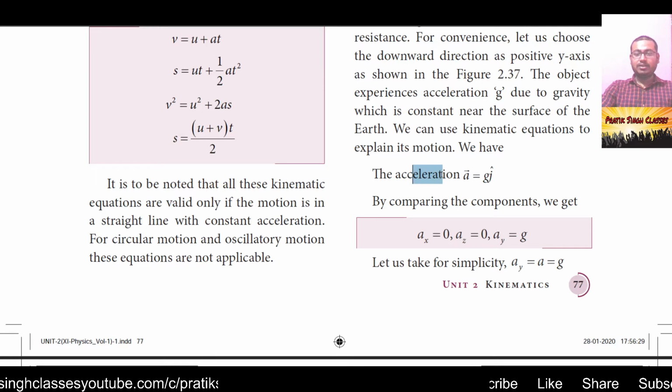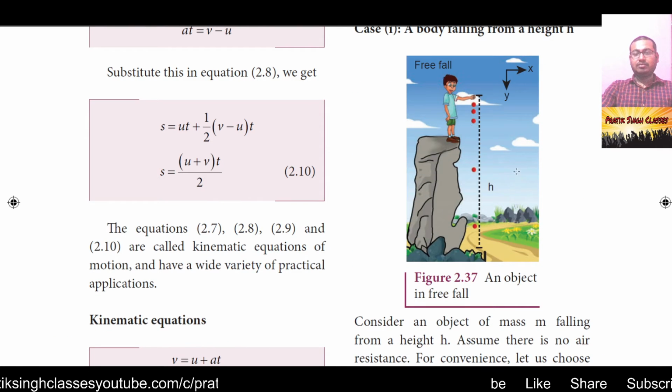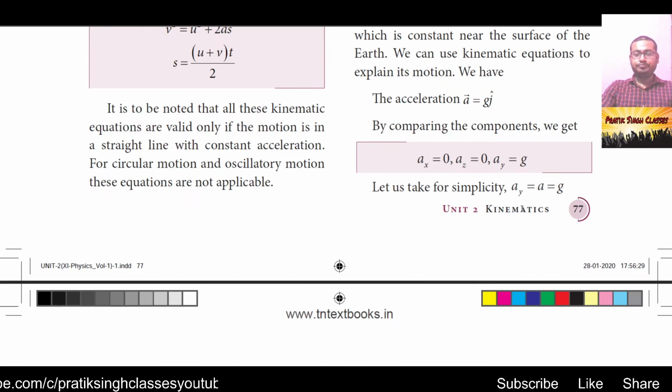Coming back to our topic, the acceleration vector a is equal to g j cap. g is the magnitude of acceleration, and j cap means vectorially the downward direction. As given here, j cap is in the positive y-axis direction, that is vertically downward. So a is equal to g j cap, where j cap is a unit vector in the direction of the positive y-axis.